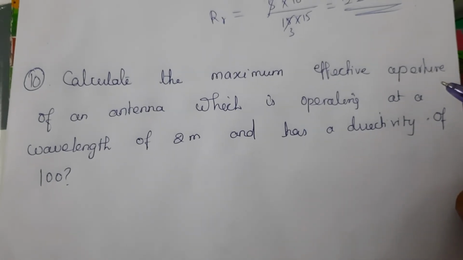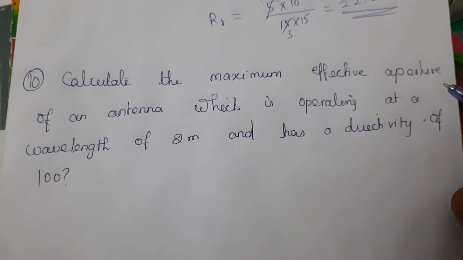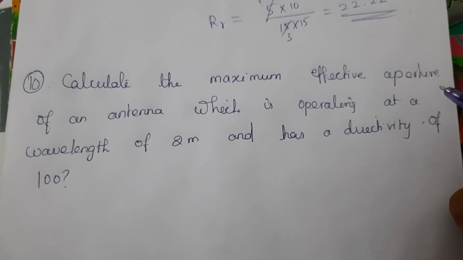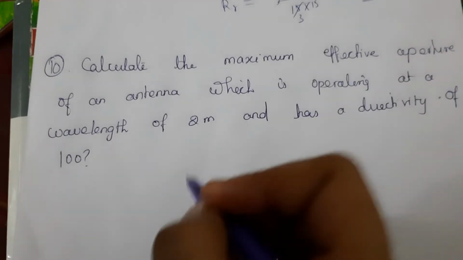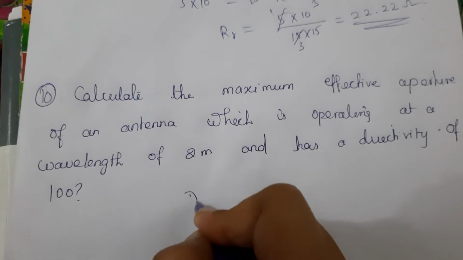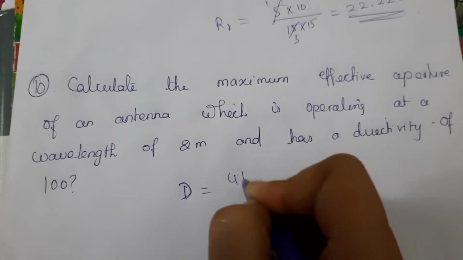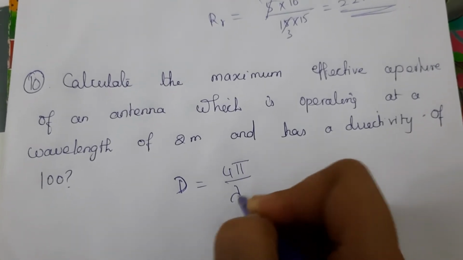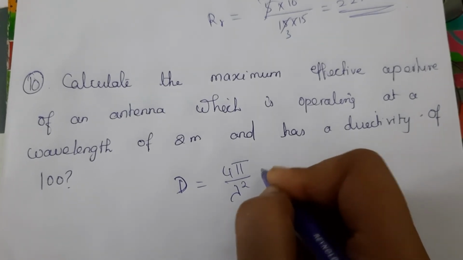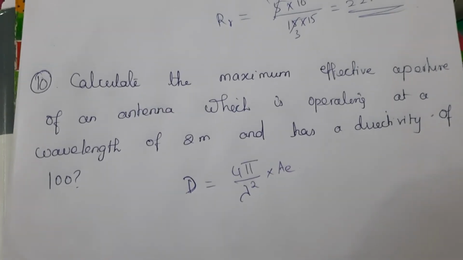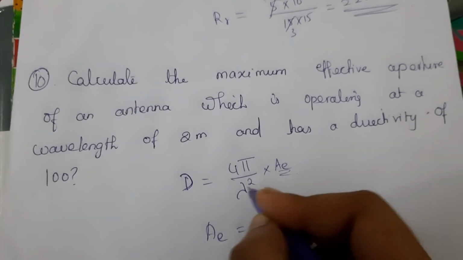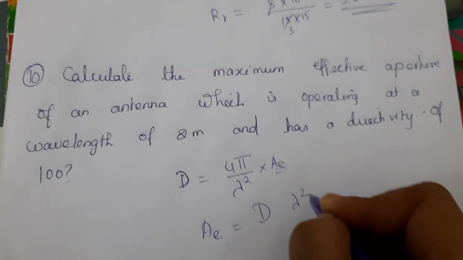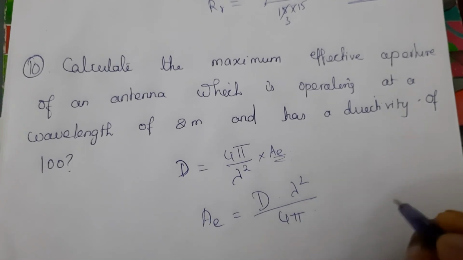Next question: calculate the maximum effective aperture of an antenna which is operating at a wavelength of 2 meter and has a directivity of 100. We know the formula: directivity is equal to 4 pi divided by lambda squared into AE. Now we have to find this AE. So this equation becomes D into lambda squared divided by 4 pi.